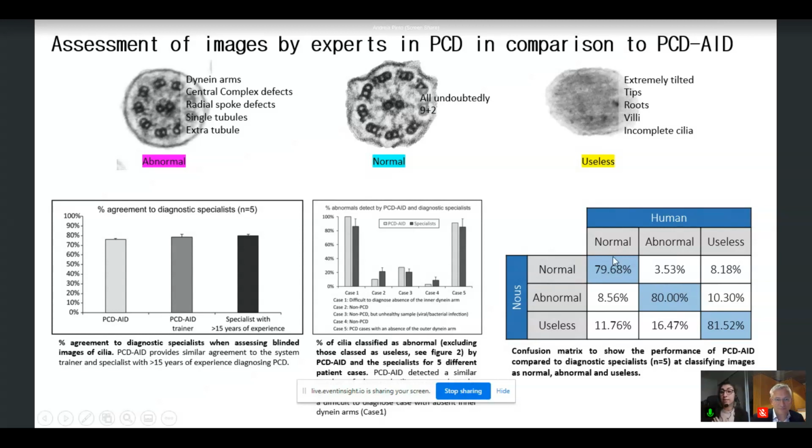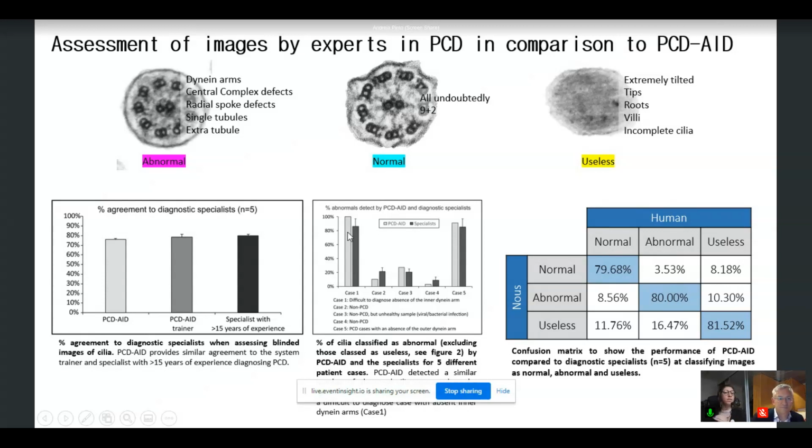And even in the different categories, obviously the useless is the one that had a higher score, but it was very good to see that the abnormal category reunited an agreement of 80% between everyone. And even in very difficult cases, for instance, in this graph here in the middle, the first column is for inner dynein arm defects. Inner dynein arm defects are the most challenging ones, the inner protrusions of these H-shaped structures.